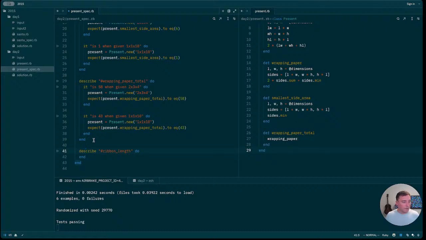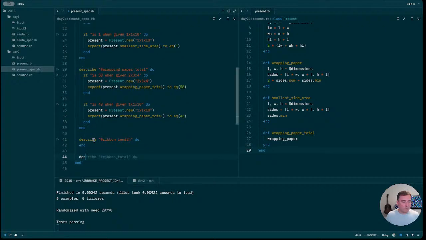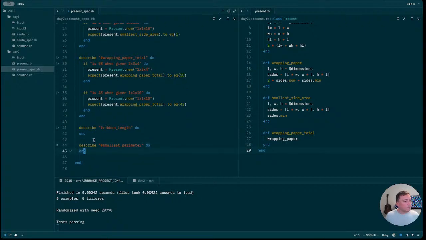So we want to get ribbon length. We want to get the ribbon required, the shortest distance around its side. Describe smallest perimeter. Plus a bow equal to cubic feet volume of the present.